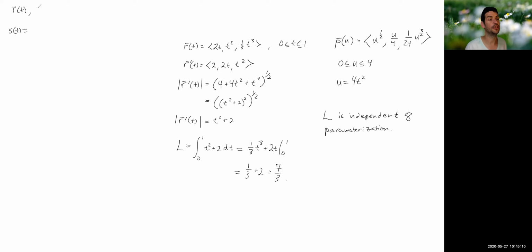Let's say r of t goes over the interval alpha to beta again. We can create a function which is an integral from alpha to t of the magnitude of r prime of u, du. I'm using u here just as a dummy variable. So again, this is just a function.